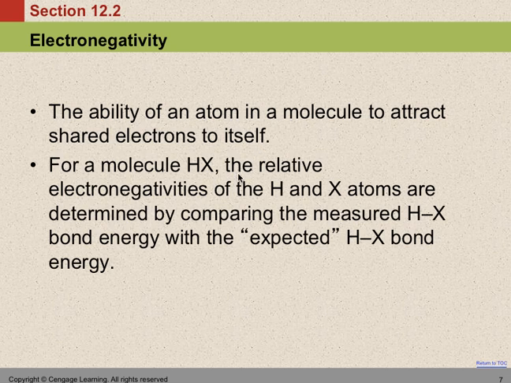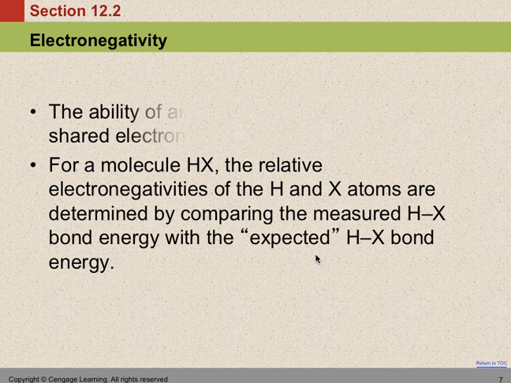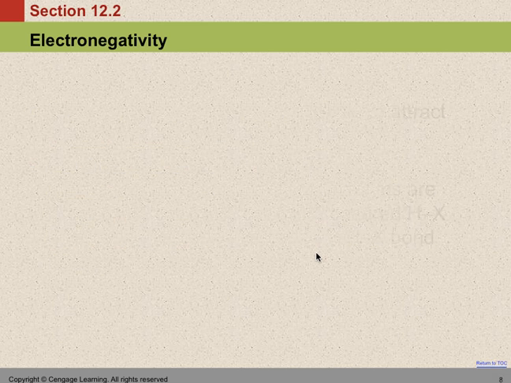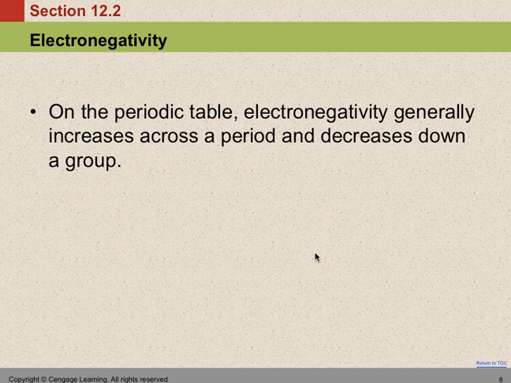For a molecule HX, the relative electronegativities of the hydrogen and the X atom are going to be determined by comparing the measured bond energy with the expected bond energy. And what they get for that is a number for the electronegativity. We are more interested in being able to say what the general trends are.